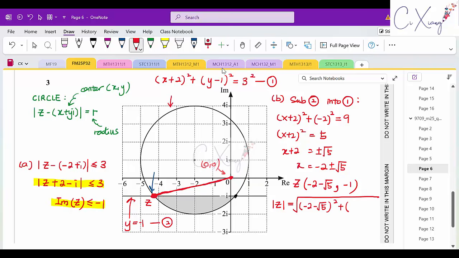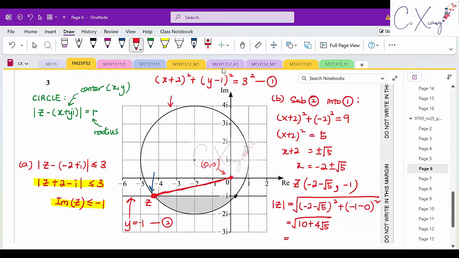Then plus (y1 minus y2) squared. Then after that, you expand everything and simplify slowly. By right, you should be able to get 10 plus 4 square root 5 inside.